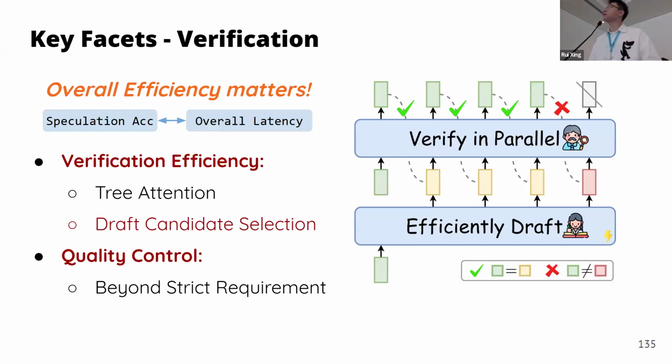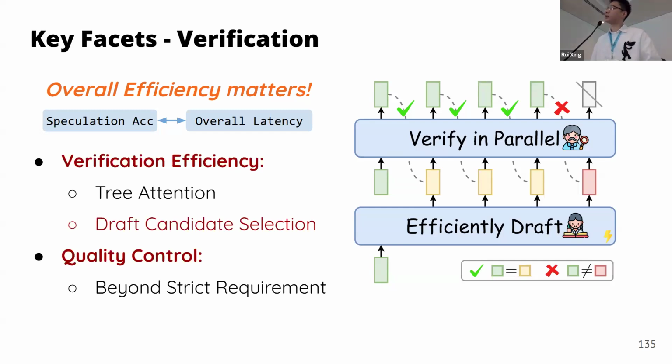Okay, and then the next part is verification. If we consider the verification, we should also consider the verification efficiency during this process. As we previously mentioned, the key in the verification stage is to verify as many tokens as possible, right?